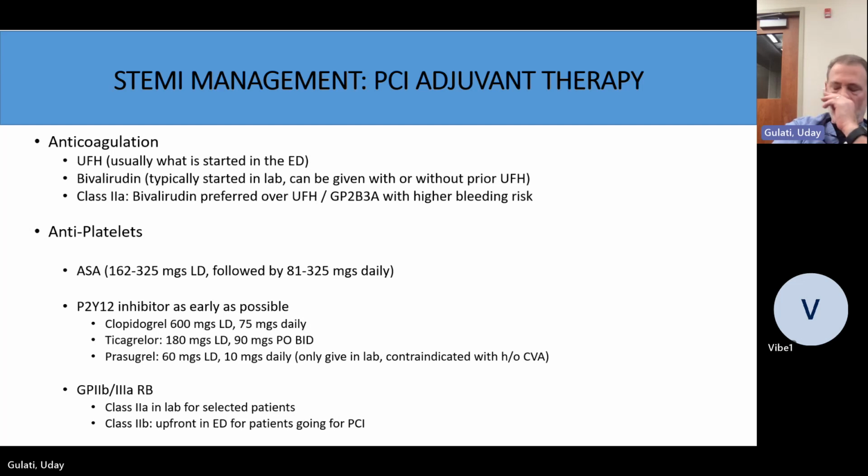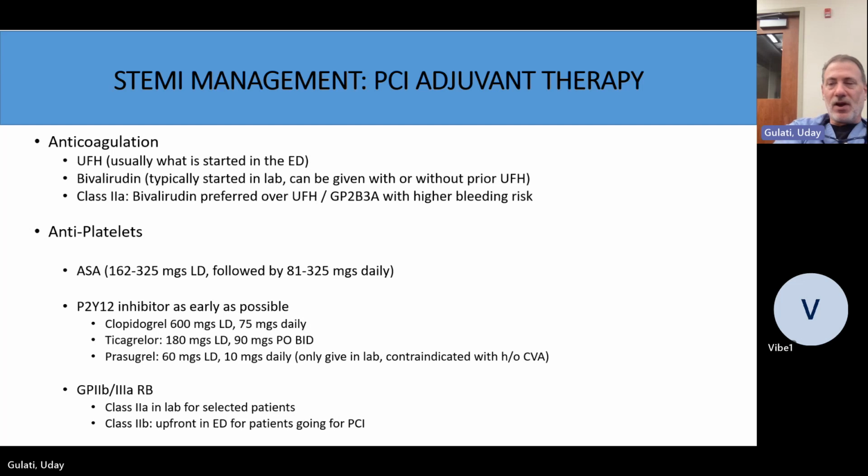Normally, you use a direct thrombin inhibitor like argatroban. I don't understand why bivalirudin hasn't caught on for use in HIT, because it's so much easier to use. It doesn't require any titration.